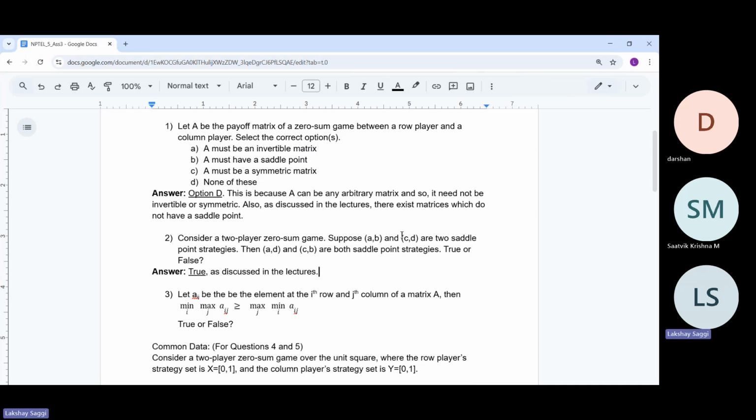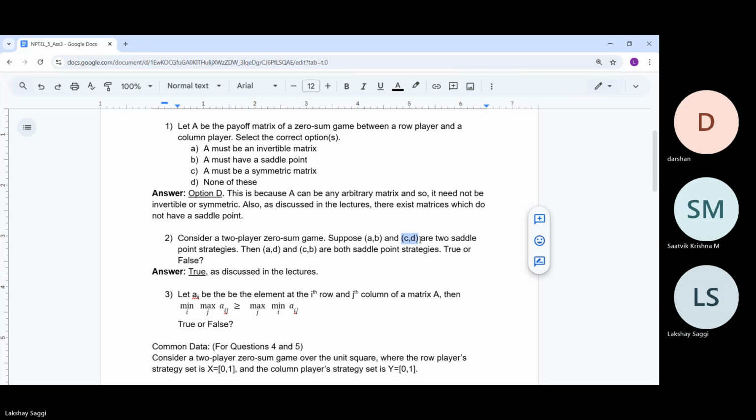What does this statement essentially say? Suppose we have two saddle point strategies. One corresponds to the row player playing A and the column player playing B. So the first pair of strategies is (A, B), and the second pair of strategies is (C, D).